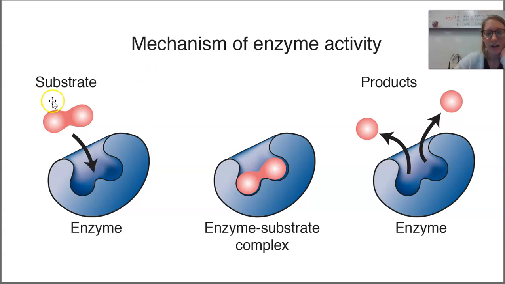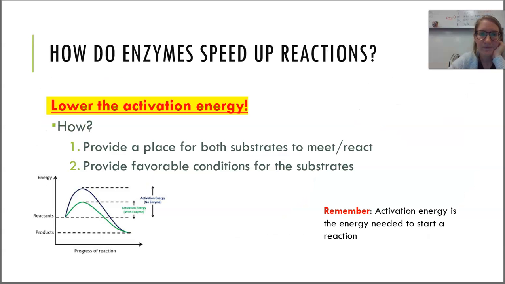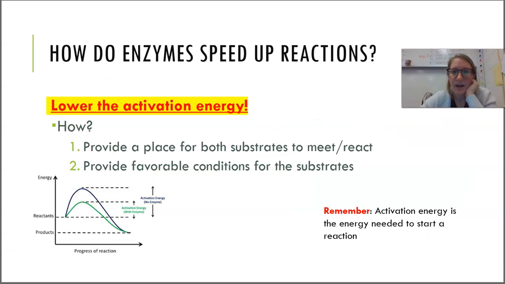Or if you already had two that were together, AB, and the enzyme needs to split them up, A plus B. Enzymes can do both of those things. So again, how do they speed up reactions? They lower that activation energy. They provide a place for both substrates to meet and react, and they provide favorable conditions for the substrates as well.